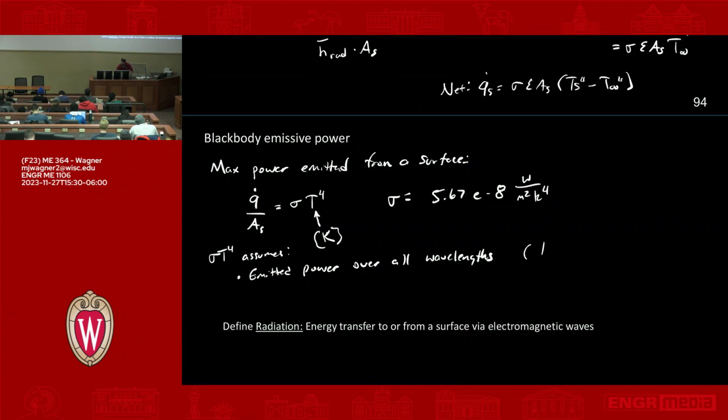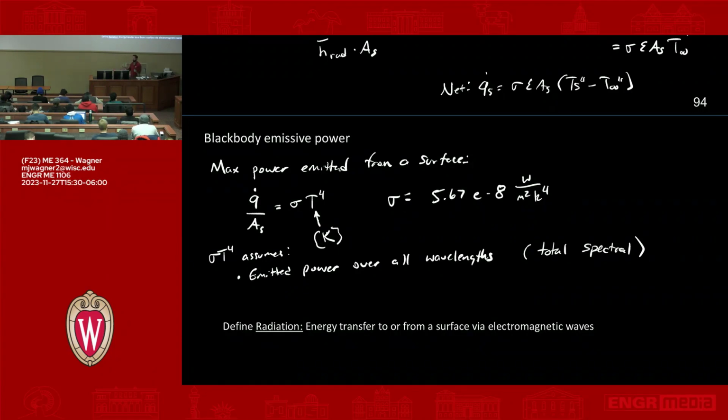This is called total spectral. So when I say the total heat transfer Q dot is sigma T to the fourth, that's all radiation emitted. As you'll see later, the radiation emitted at a given wavelength varies.